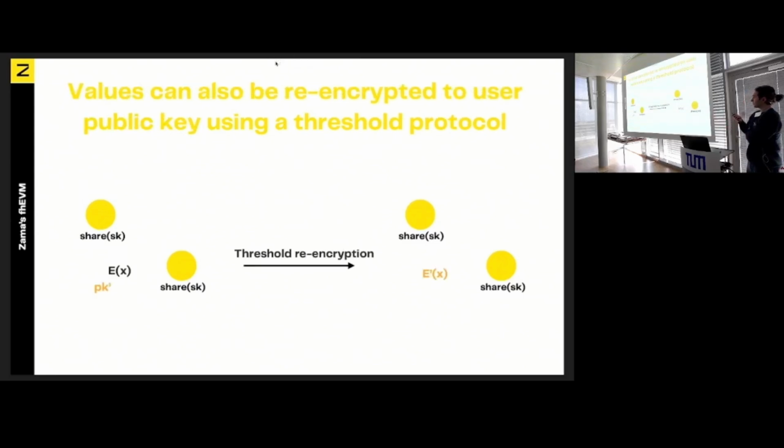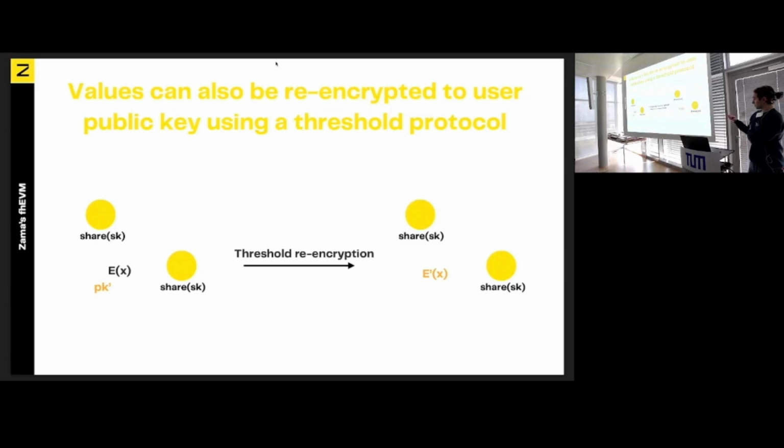Now, suppose that a user who is entitled to see some value in a smart contract, for example, its encrypted ERC20 token balance, wants to view it. What it does is it generates a key pair, the public key of which we're going to call PK prime, and sends that together with the ciphertext, E of X, to the KMS network. It has to send that also with auxiliary information that convinces the MPC network that this very user is allowed to decrypt this very ciphertext.